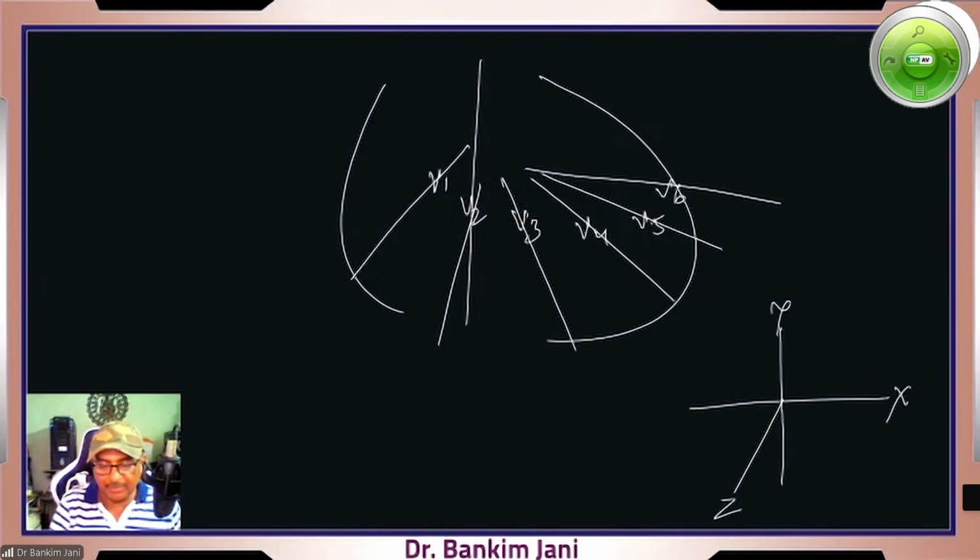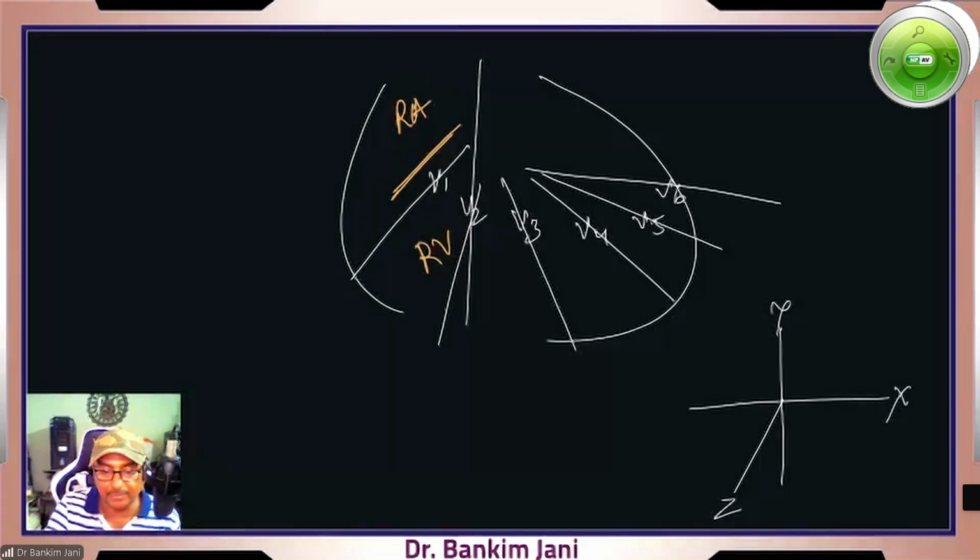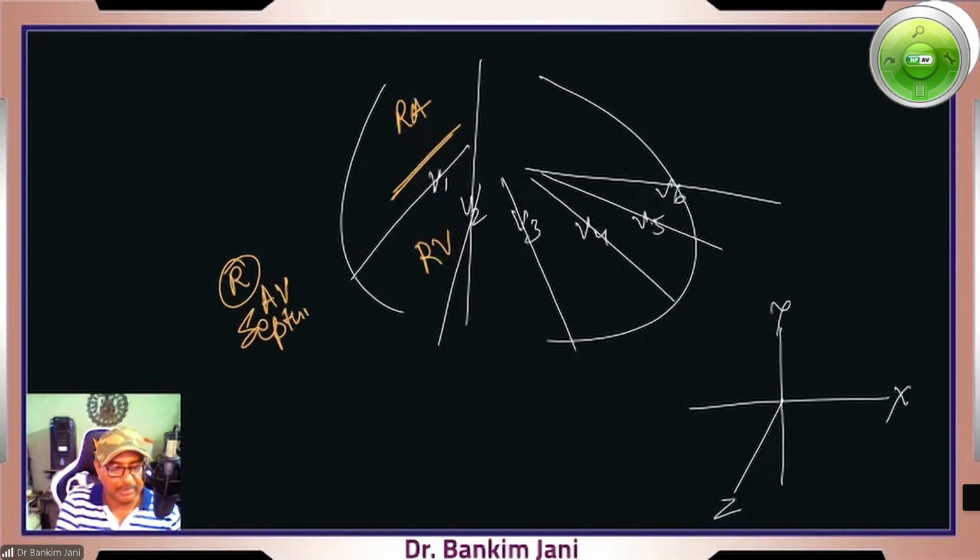Take leads V1 and V2. Over here there is the right atrium. Over here there is the right ventricle. In between there is the septum. Correct? The septum which is between the right atrium and the right ventricle. So that right atrioventricular septum is beautifully seen by leads V1 and V2.